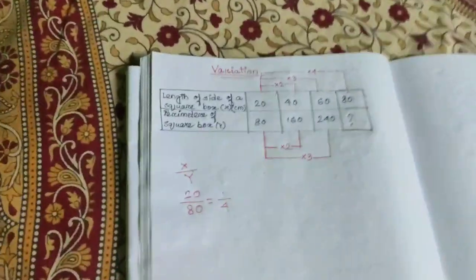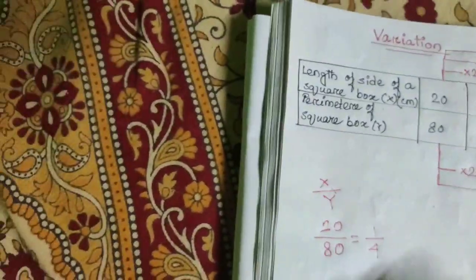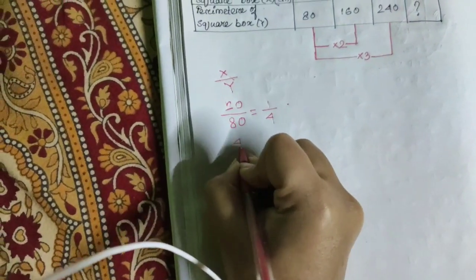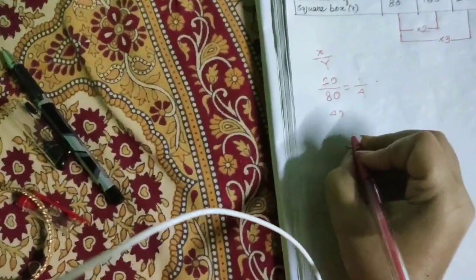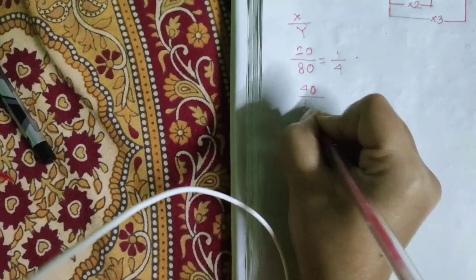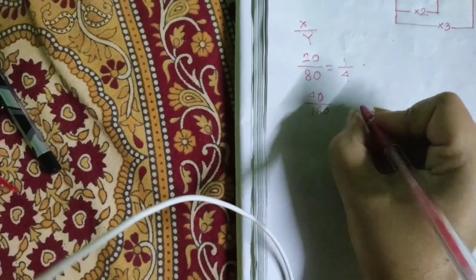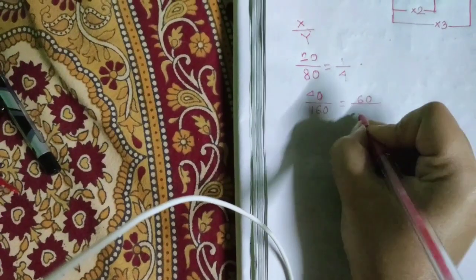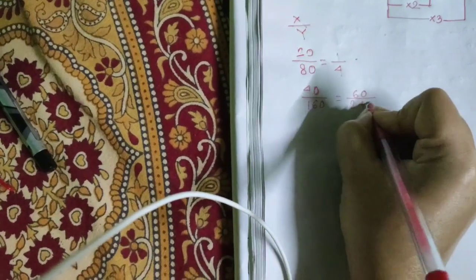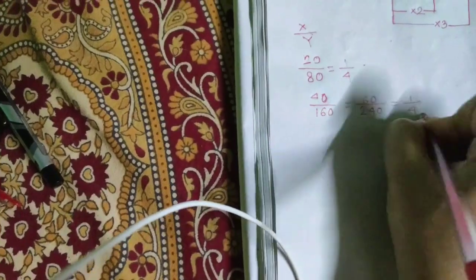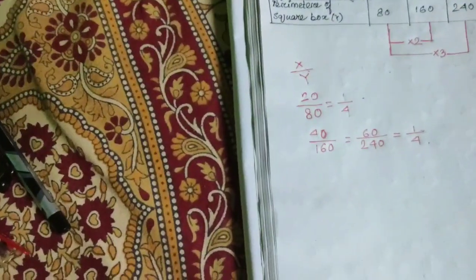Similarly, I am finding 40 by 160, that is equal to 60 by 240, that is also equal to 1 by 4.